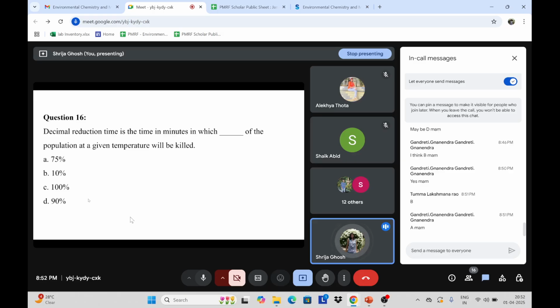Okay, I have another answer, option A. Anyone else wants to answer? So I have two answers right now, 10% and 75%. Anybody else wants to answer? Dharmika says 90%. So I have three answers now, 10%, 75%, and 90%. That's all. Anyone else wants to answer?